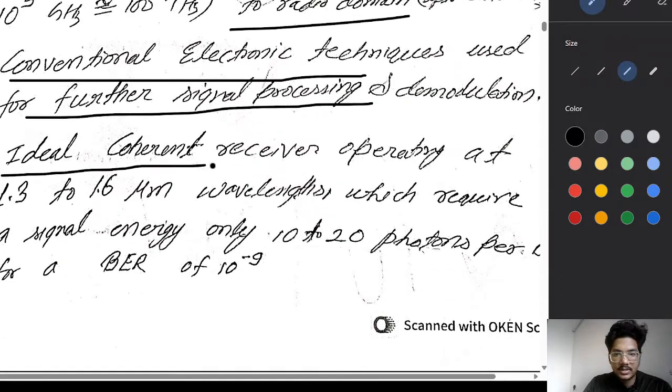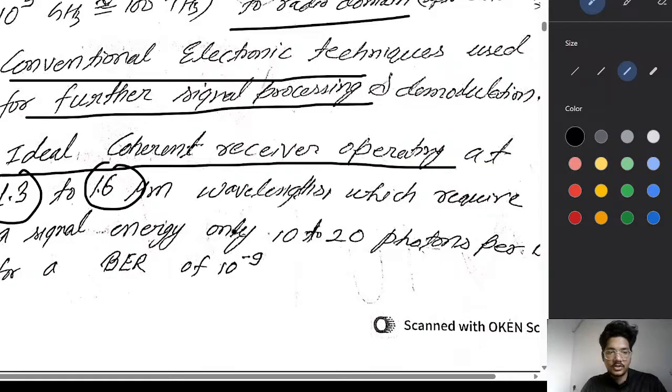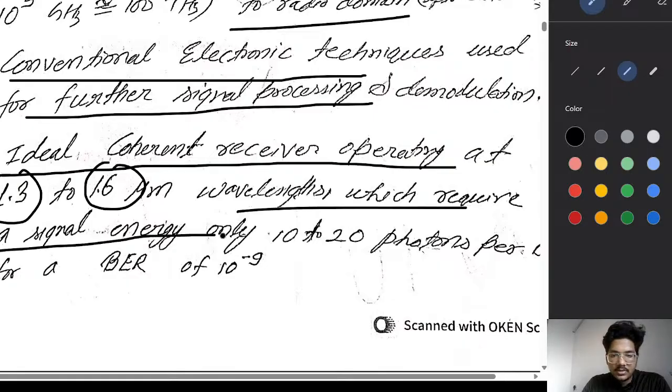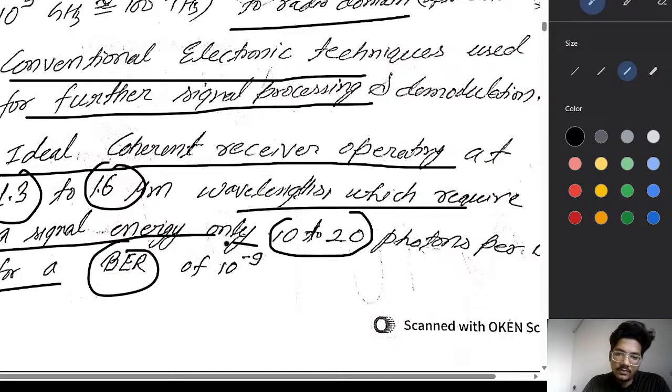The ideal coherent receiver operating at 1.3 to 1.6 micrometer wavelength requires a signal energy of 10 to 20 photons per bit for a BER of 1.1 times 10 to the power minus 9.